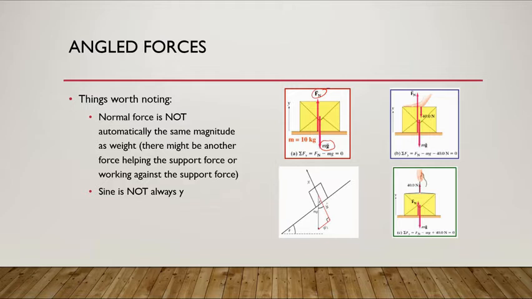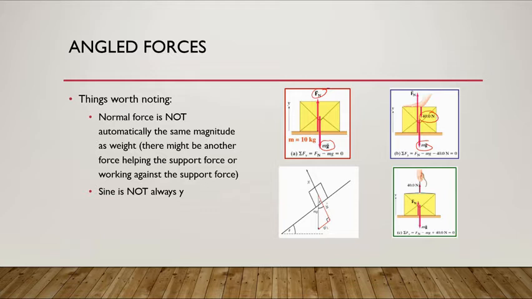But if you look at the diagram on the right, diagram B, you see that a person is pushing that box down now. So now you not only have your mass times gravity down, but you also have your 40 Newton force down. And so the sum of your forces is still zero because it's not accelerating.